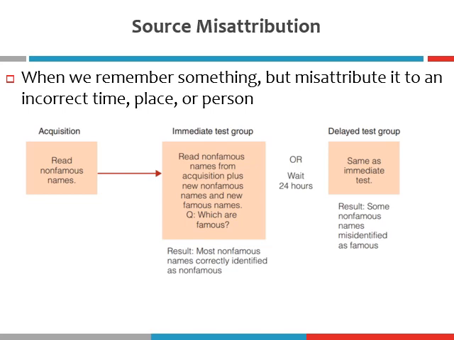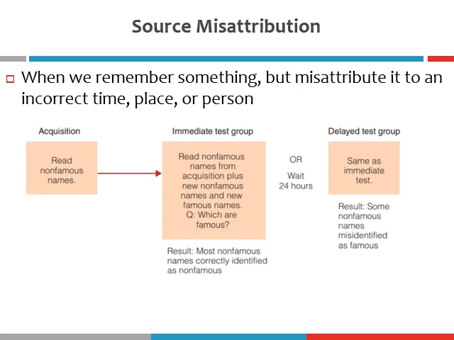What they have to do in this test is indicate whether the names are famous or not, right? So is Leslie Norman famous? Yes or no? Is Donald Trump famous? Yes or no, right?